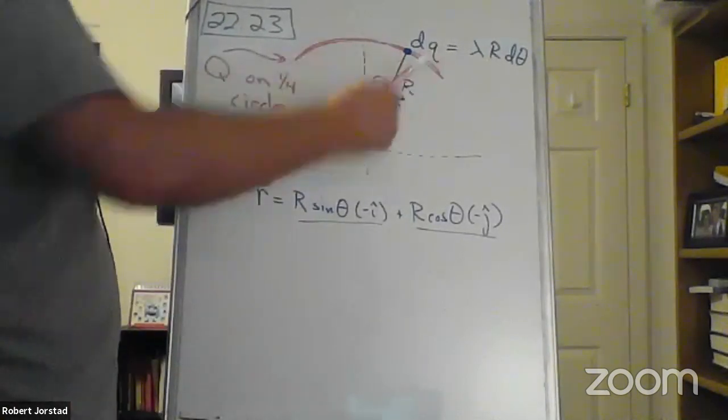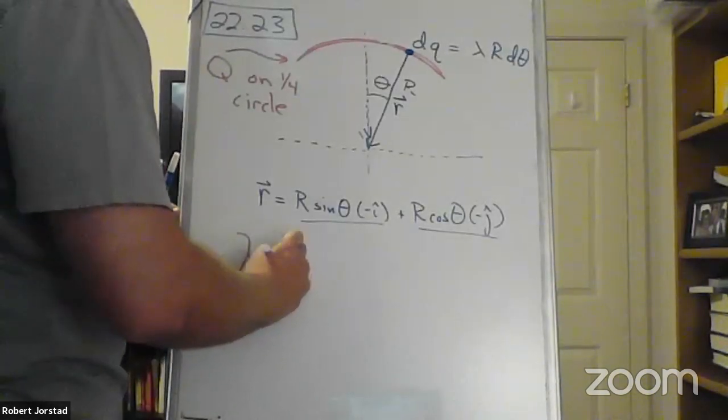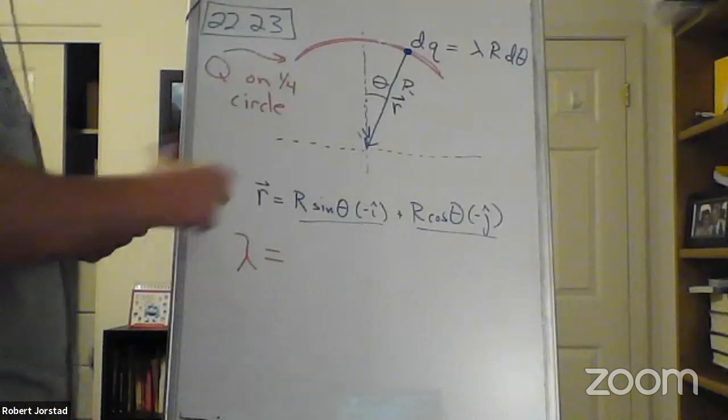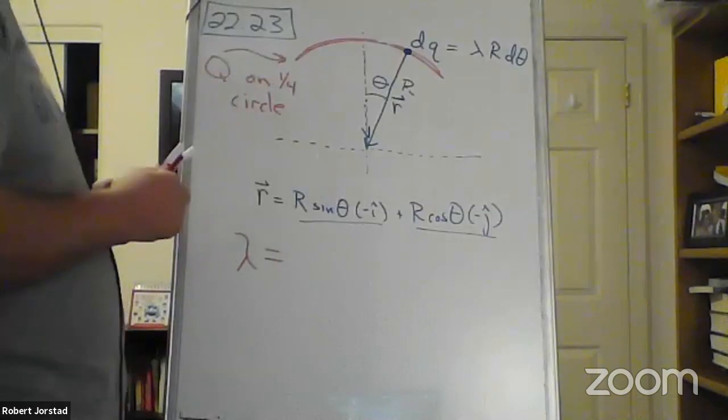So what's the distance? What's the length? Maybe somebody that hasn't spoken up on Zoom, if you're feeling frisky, try it out. It's not a full circle. It's a quarter circle. 2 pi r over 4. So pi r over 2. Awesome. Yep.